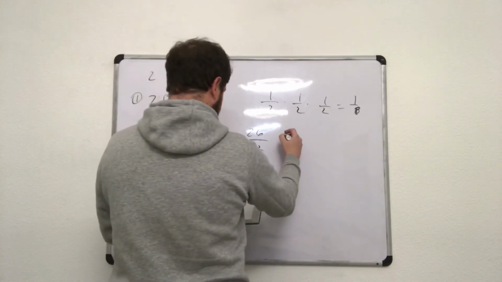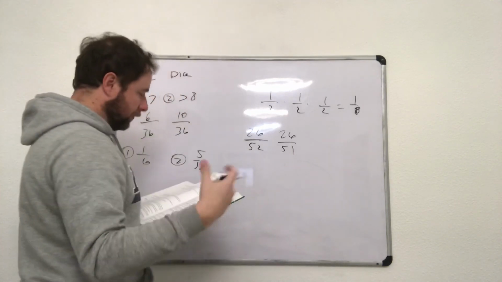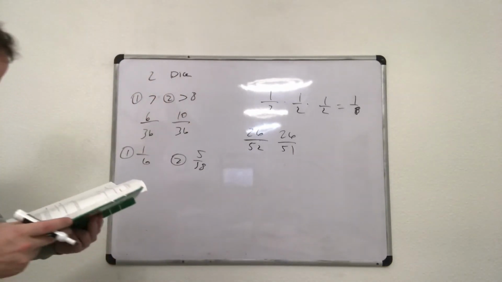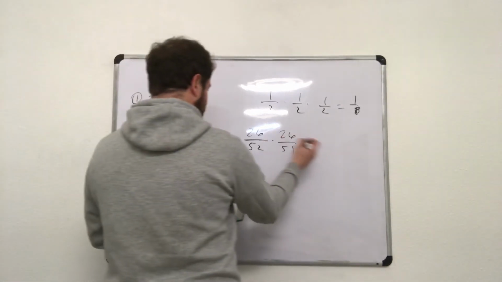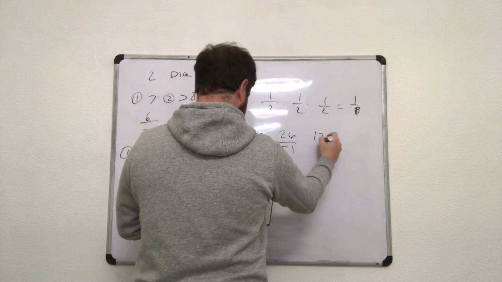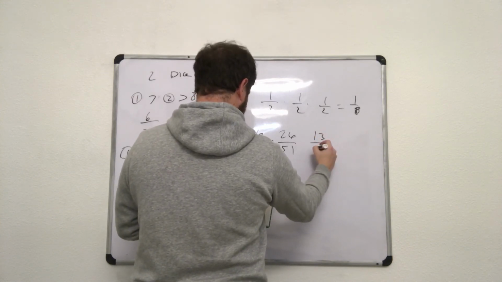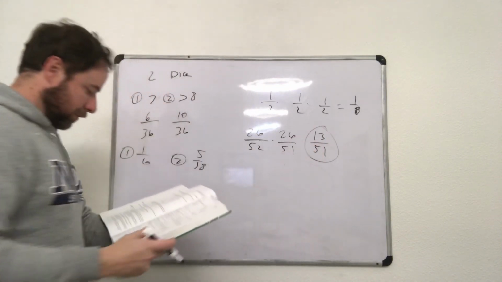Well, that's going to be 26 divided by 51, because a red card was taken out of there. And so you multiply those together, and you're going to end up with 13 over 51 as your probability.